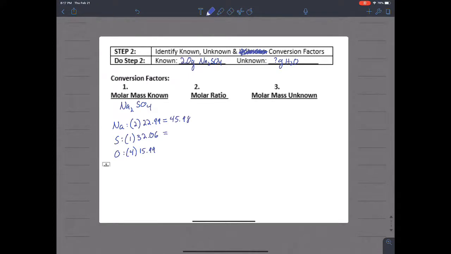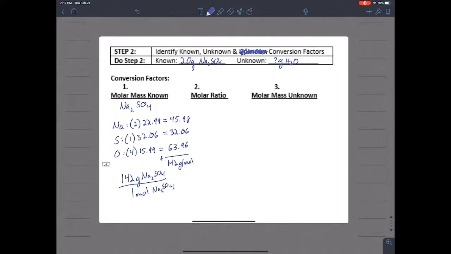This gives me 32.06. And this gives me 63.96. And I add them all up to get 142 grams per mole, aka 142 grams of Na2SO4 per every 1 mole of Na2SO4.